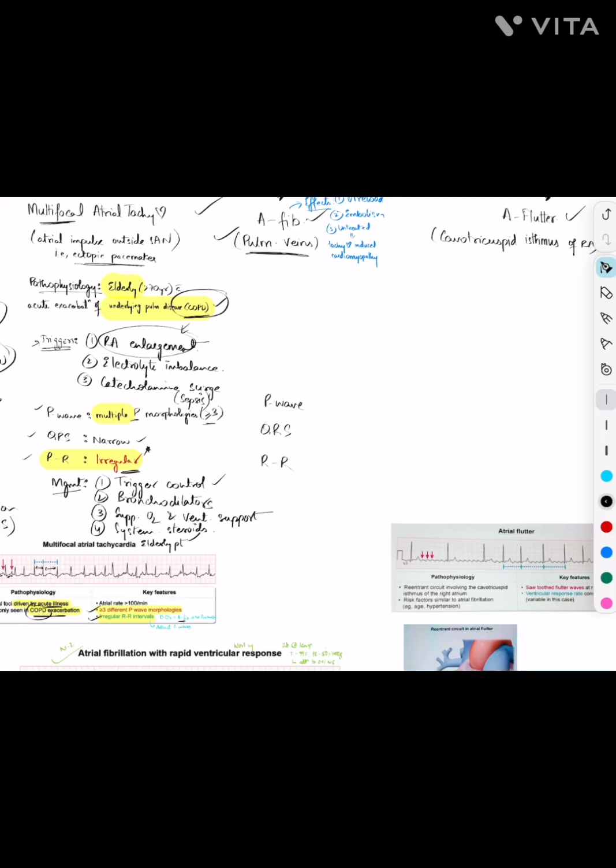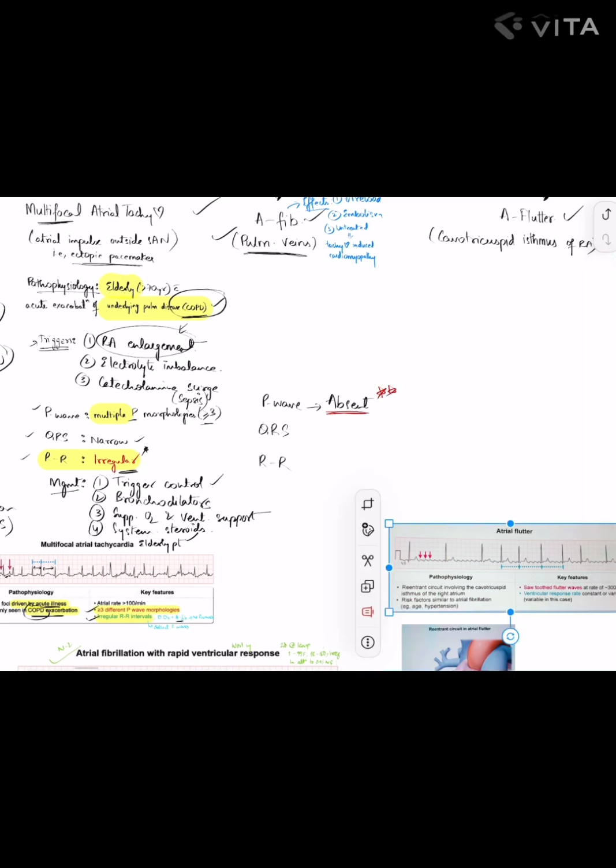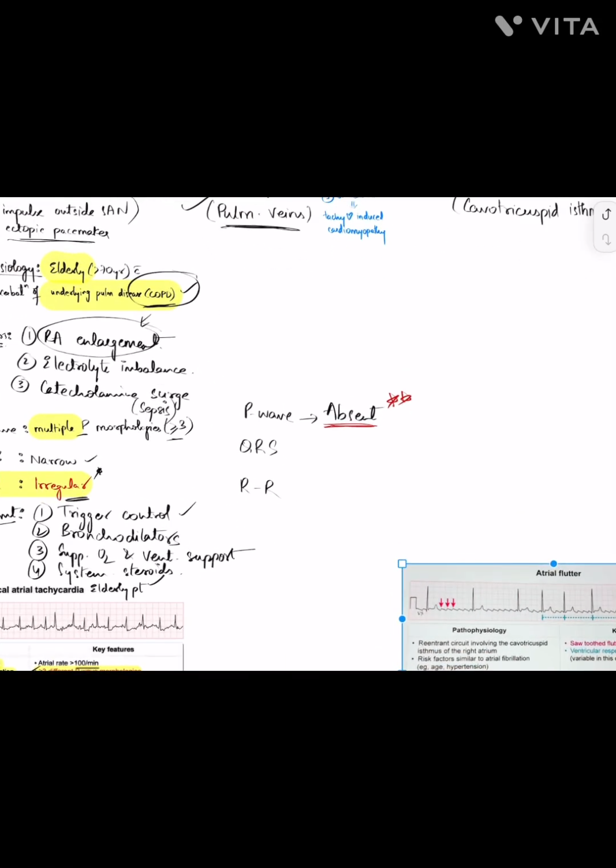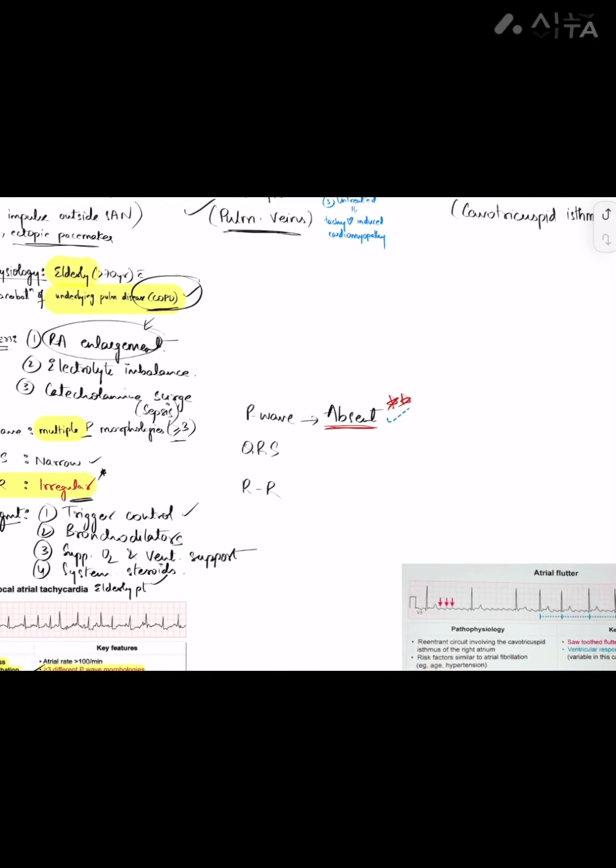If we look at the P, QRS and RR intervals, P waves are absent. This is one of the most important points that you have to remember. P waves are absent only in a few rhythms, and atrial fibrillation is the most important one. P waves are absent and the RR interval is irregular. And the QRS complex will obviously be a narrow complex.